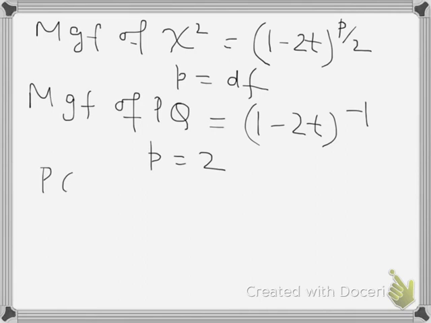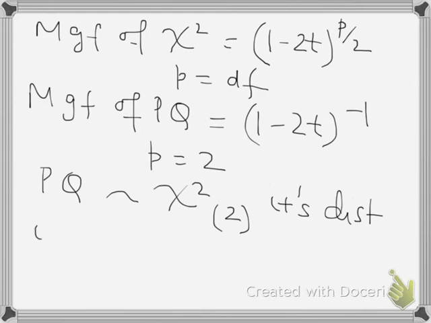So the pivotal quantity follows chi-square with 2 degrees of freedom, and its distribution is independent of theta. So that part is done. That's the first part, okay?